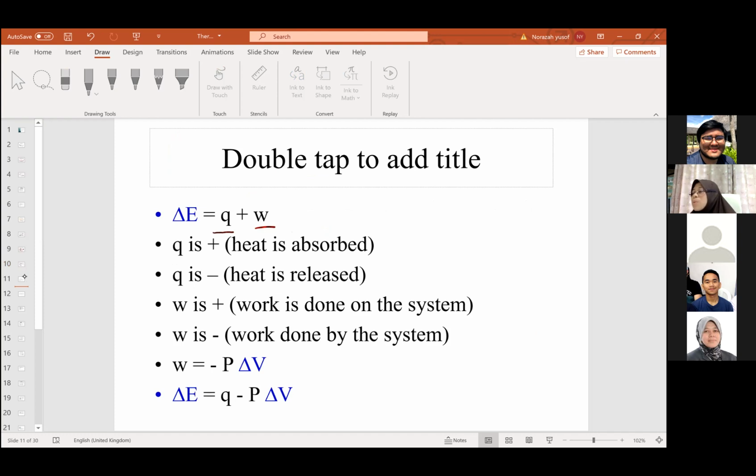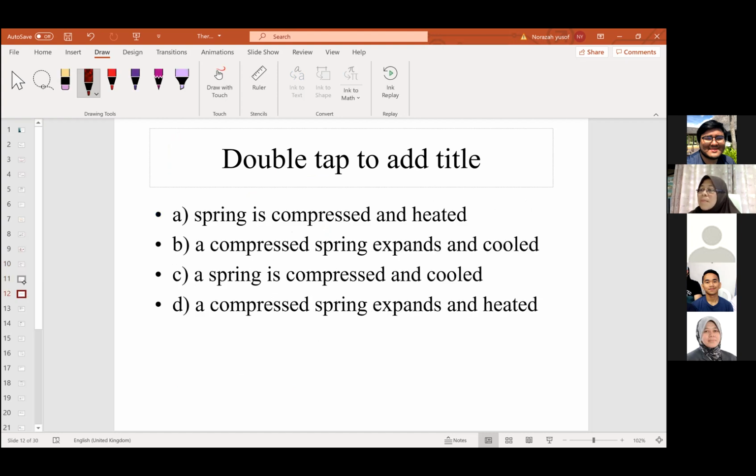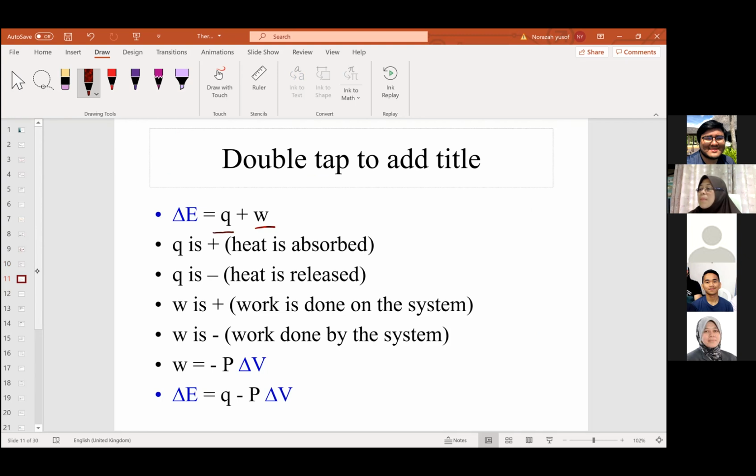Just to extend this concept to you, delta E is equal to Q plus W. Before we move on, we have to grasp this idea: if Q heat is absorbed, the sign is positive.